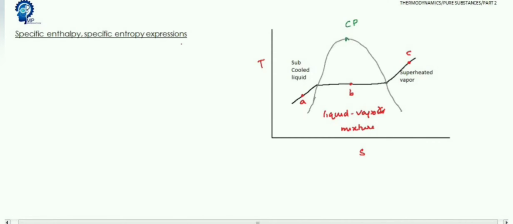Before writing the expressions, I will write down the subscripts that we are going to use in this lecture. F denotes saturated liquid.